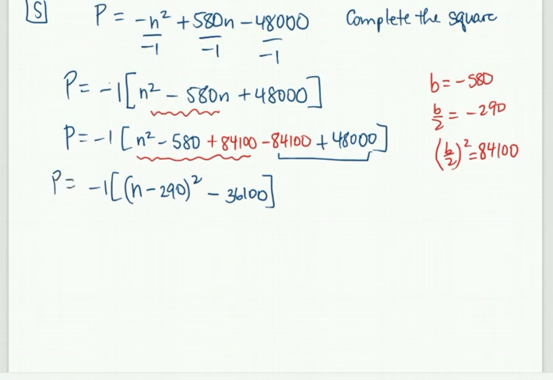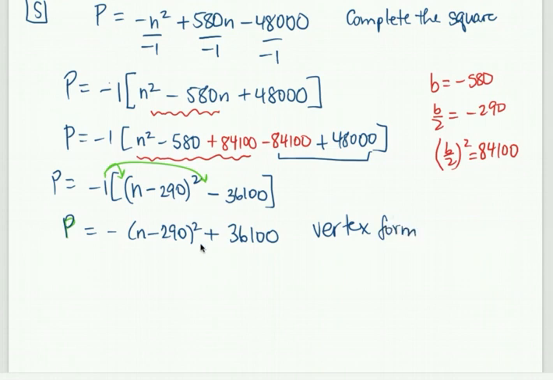And then the last step is to multiply this -1 in here and there. So that becomes negative in front, and here that negative makes a positive. Okay, so now we have it in vertex form.